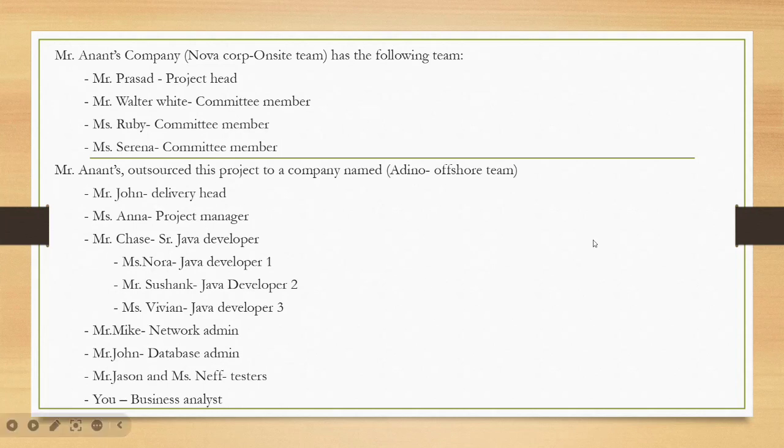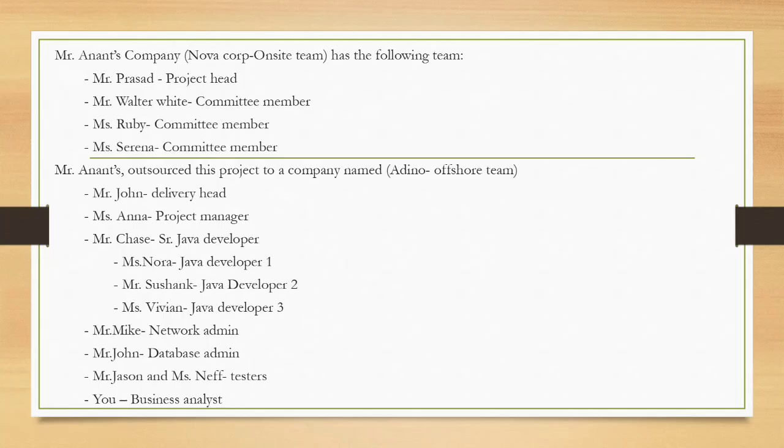Okay. So you need to create a web application. Anant will be your client. And in your company, the delivery head will be Mr. John, and Miss Anna will be your project manager. Okay.